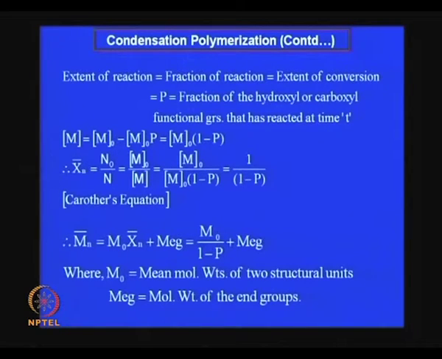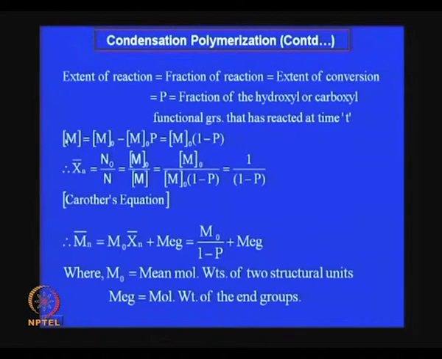If the extent of reaction is p, then p multiplied with the initial concentration gives you the amount of monomer that has been consumed or converted to polymer. So, the monomer remaining is the initial concentration minus the amount that has reacted. So, m0 into 1 minus p.